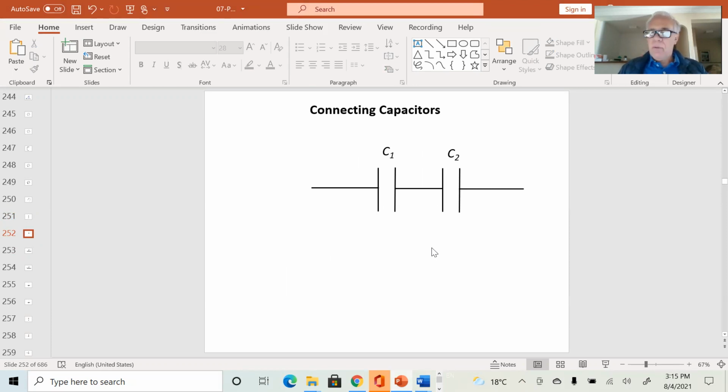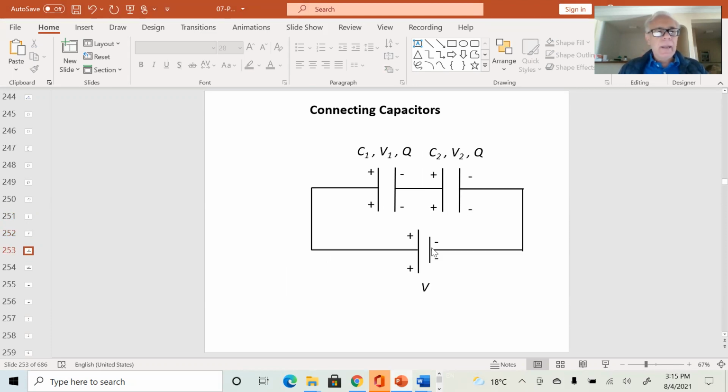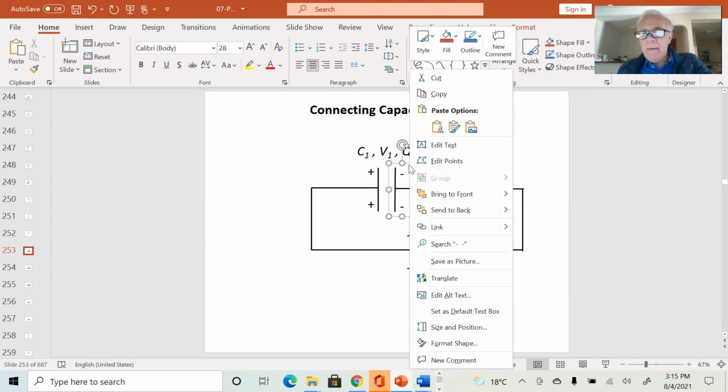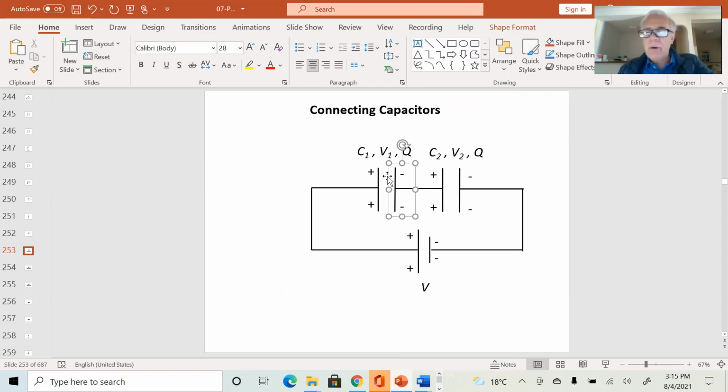So if you're going to play the movie, when we connect those two capacitors to a battery, what happens? What happens is the following. First, you can think like that: the left plate becomes positively charged, and the right plate becomes negatively charged. That's the first step, because we have those positive charges flowing to the positive side, and negative charges flowing to the other side of this second capacitor.